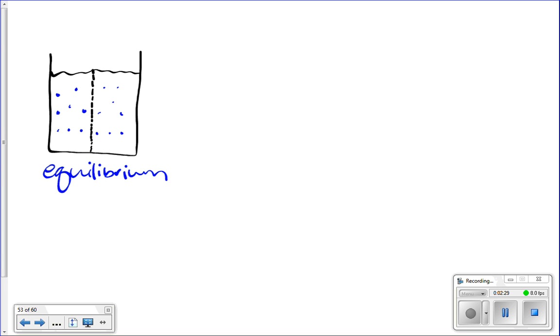If we were to take this in terms of a cell, let's say this side represents being inside of a cell, and this represents being outside of a cell. If you have a single cell in the ocean, then this left half would represent the concentration of salts inside of the cell, and the right half would represent the concentration of salts outside of the cell, in the salt water around it.